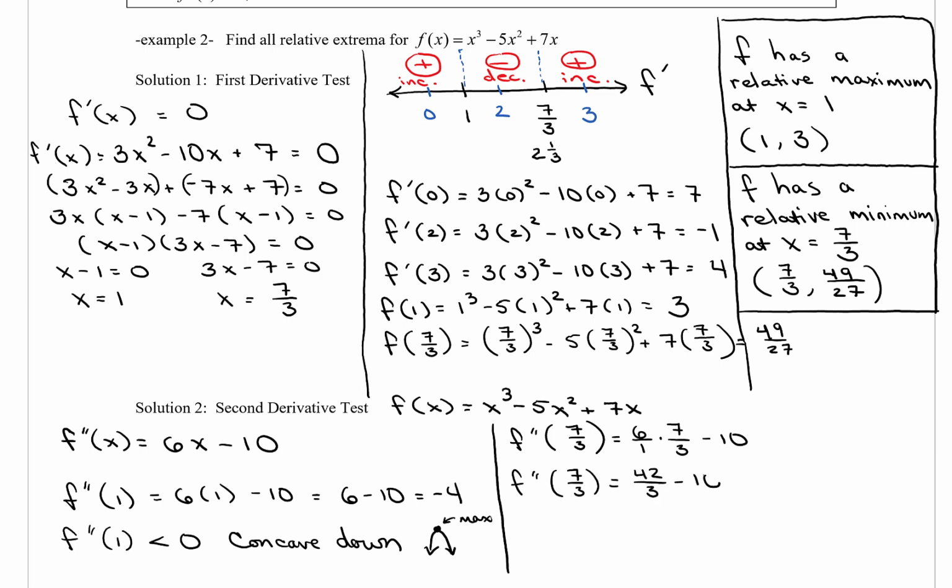So let's go ahead and reduce it to 14. So it'll be 14 minus 10. This is equal to 4. And it's a positive value. So f double prime of 7/3 is greater than 0. That means it's positive. That means it's going to be concave up. This critical value is going to represent a relative min, a relative minimum.